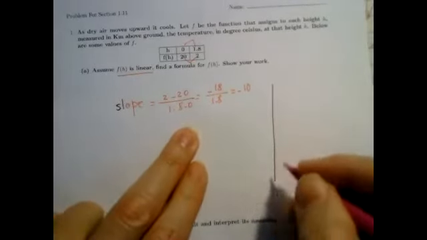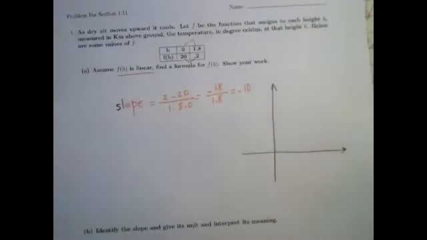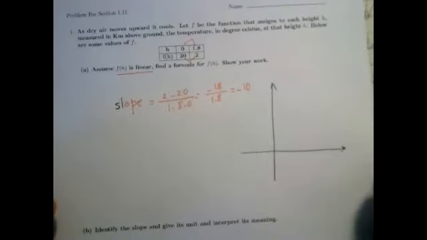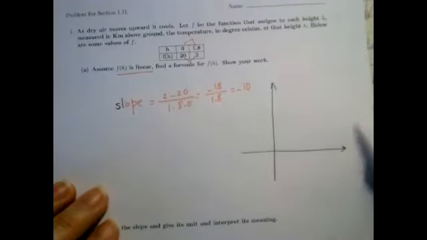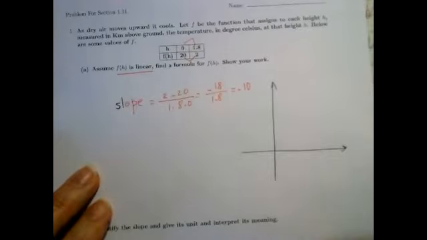So let us go back here. In this function, what goes on the horizontal axis? It's the problem I gave you on the quiz and I've addressed it in class. What goes on the horizontal axis in this problem, height or temperature? Read the problem carefully. What's your input?